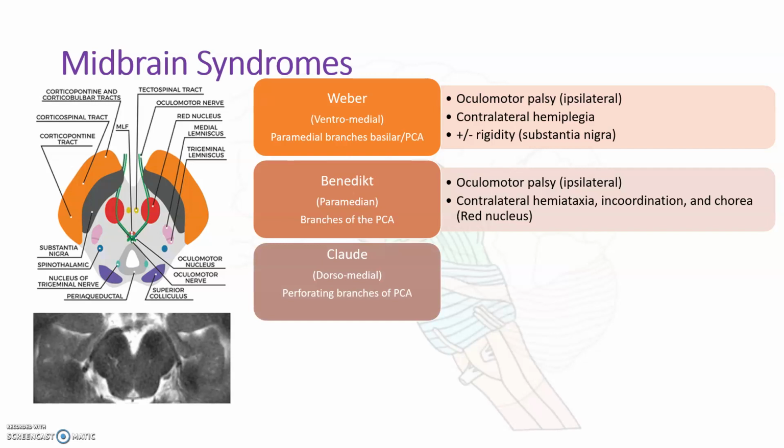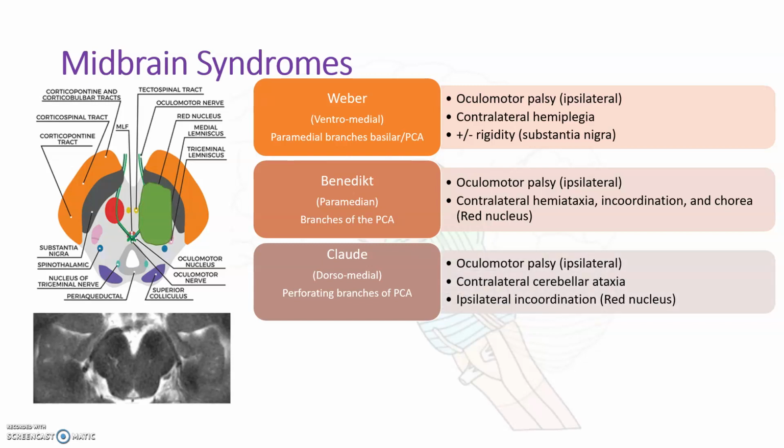Then the dorsomedial or Claude syndrome, due to obstruction of the perforating branches of the posterior communicating artery. So the green area. Again, we get oculomotor palsy. So you can see a theme here. The oculomotor nerve is often affected on the same side in brainstem syndromes.